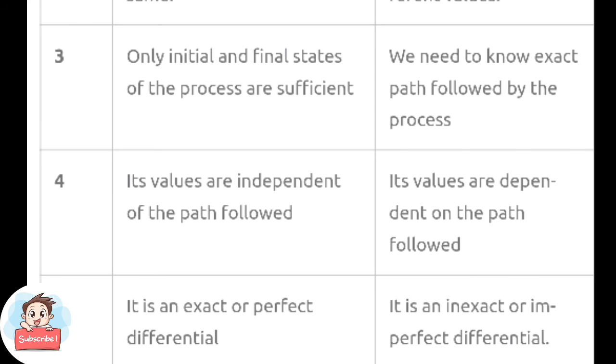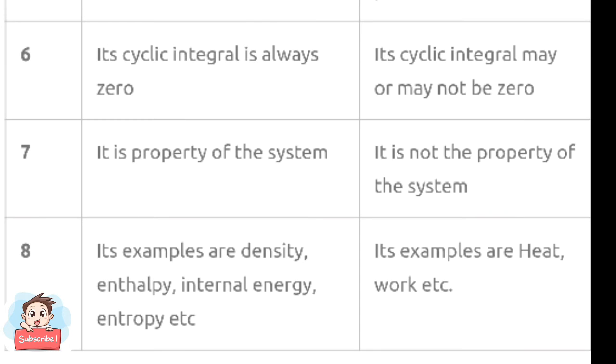The next difference is that the cyclic integral of a point function is always 0. In the case of path functions, the cyclic integral may or may not be 0. And the seventh one: point functions are properties of the system, but path functions are not properties of the system.